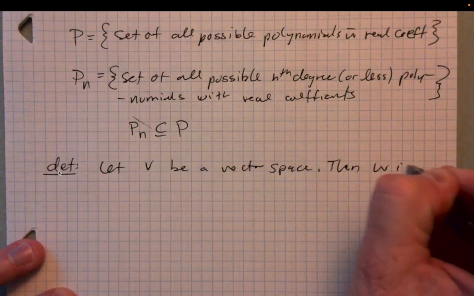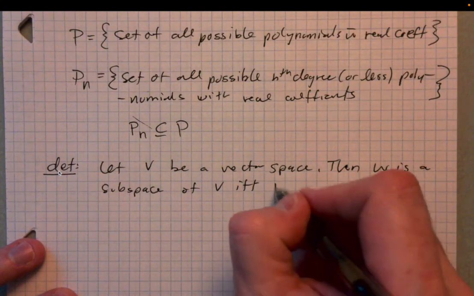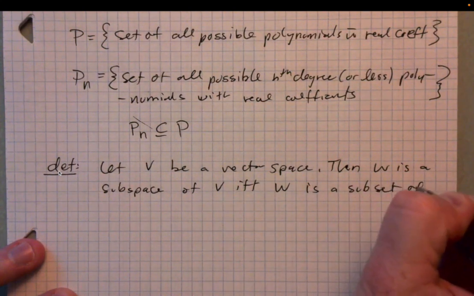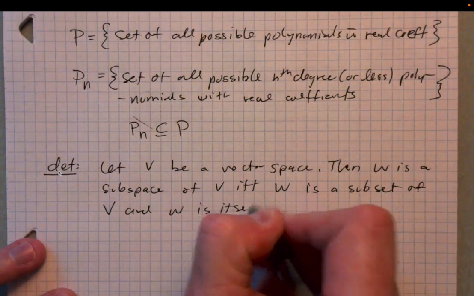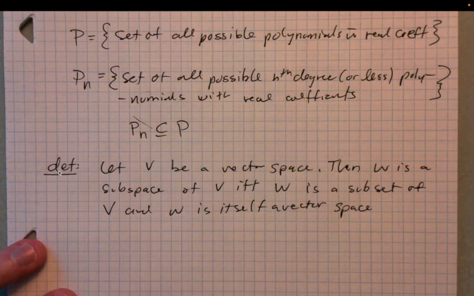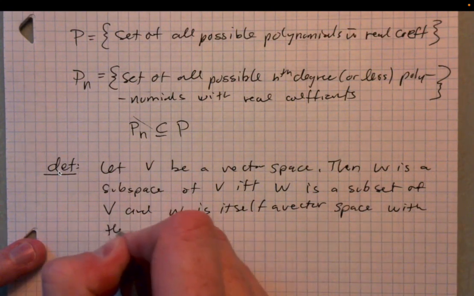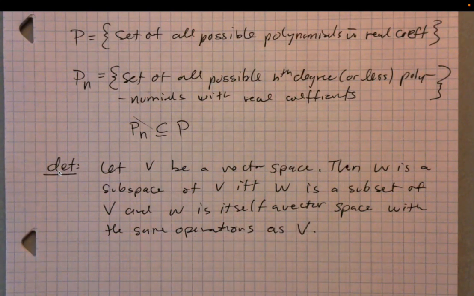Then W is a subspace of V if and only if W is a subset of V and W is itself a vector space with the same operations as V. So given a vector space V, W is a subspace of V if and only if W is a subset of V and W is itself a vector space with the same operations as V.